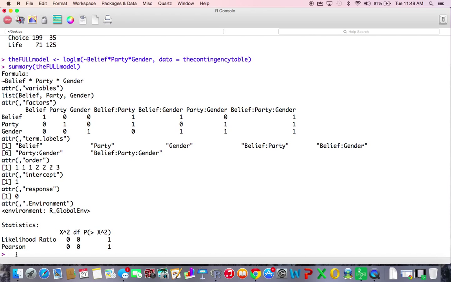Let's look at a mosaic plot. And the mosaic plot, I want to look at that across the full model, considering our fit, and shade equal true.